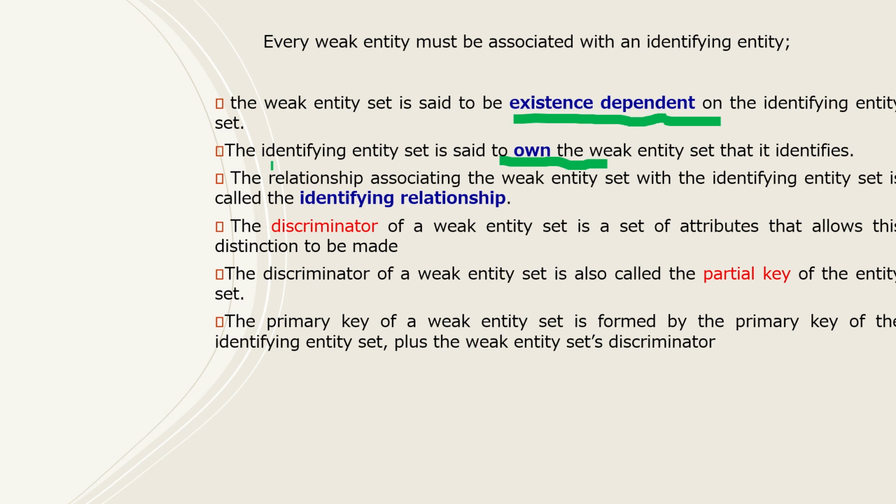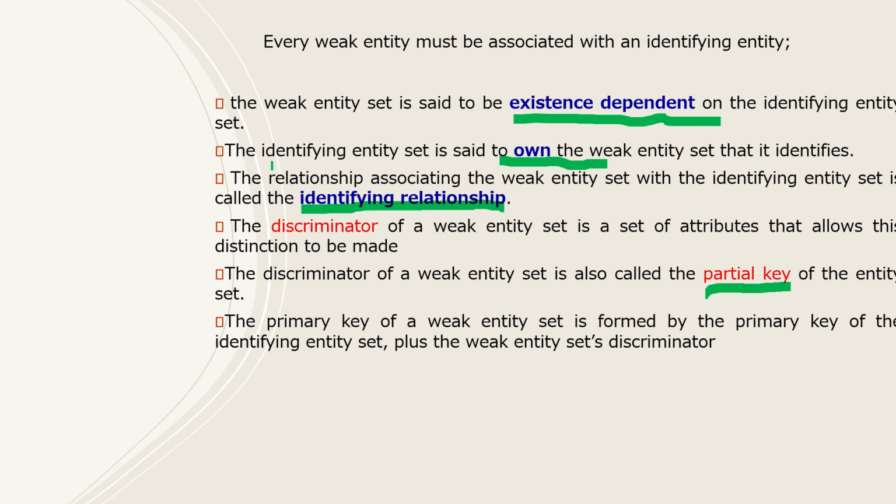So we can say that the employee owns the dependent entity set. The relationship between this weak entity set and strong entity set is called an identifying relationship. Here we are not using the name primary key for a weak entity set. Instead of that, we are using the term partial key.